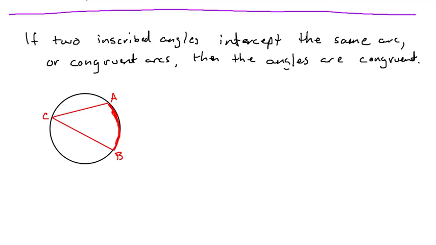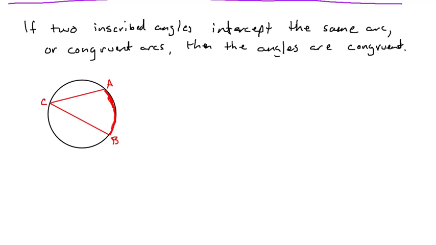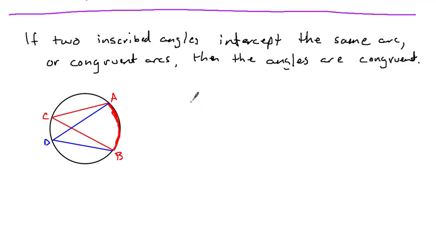Well, if we throw in another angle that goes from A to over here back to B, the idea here is that angle ACB is equal to, sorry, congruent to angle ADB.